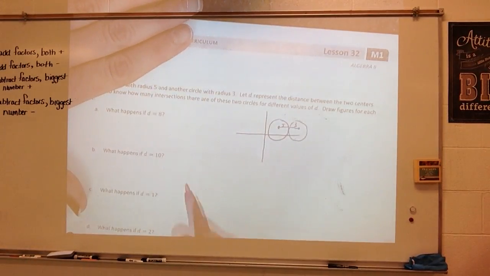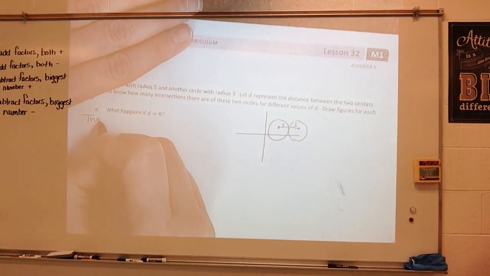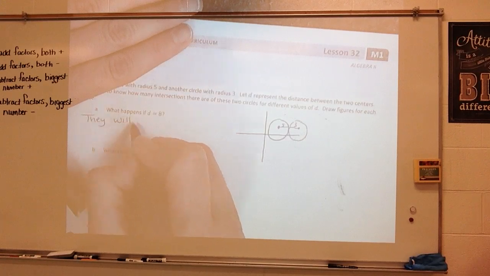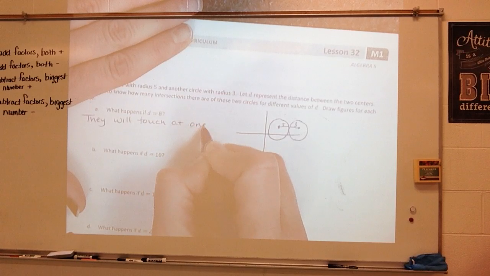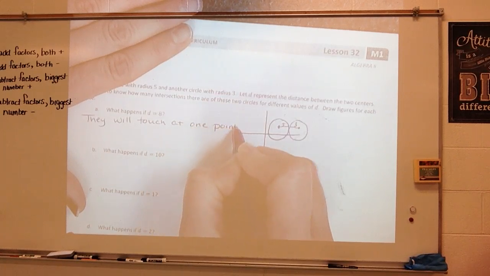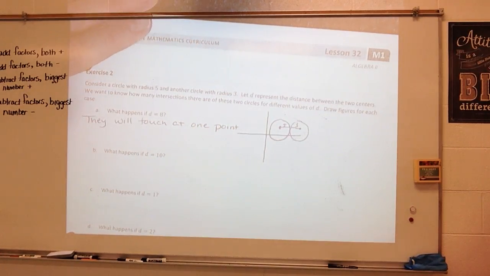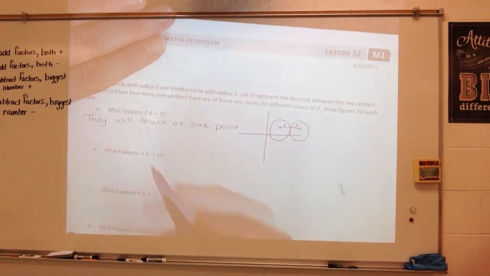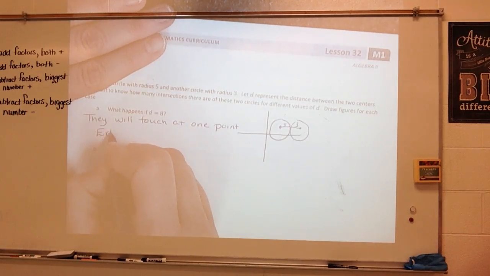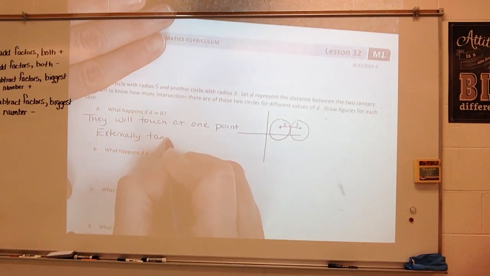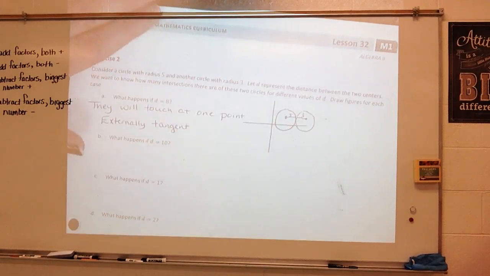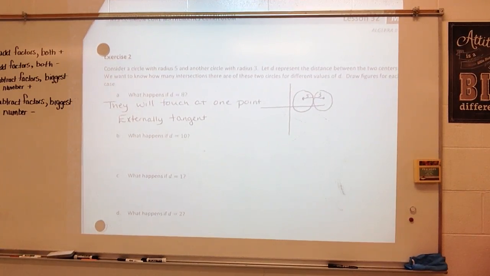They will touch at one point. Okay? We call these externally tangent. They touch at one point.